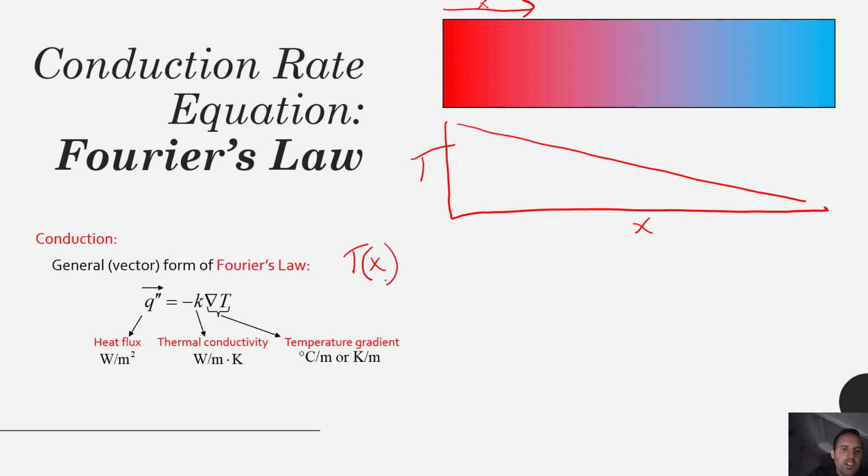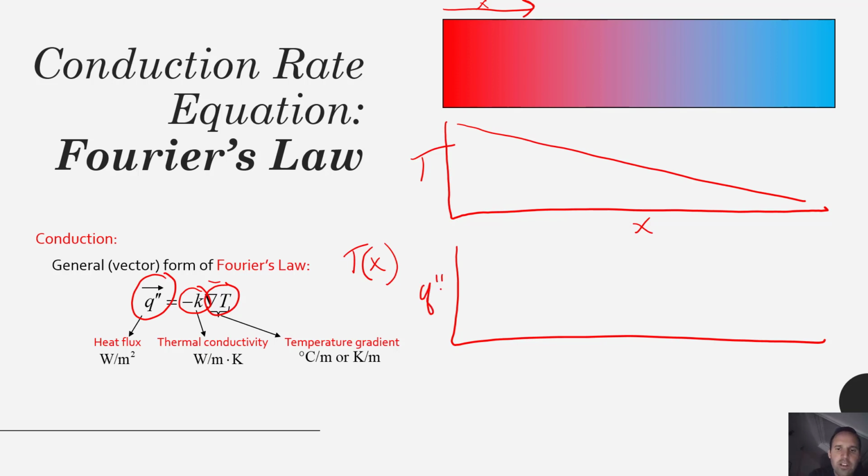If our temperature gradient is negative, our overall rate of heat transfer is going to be positive, because the thermal conductivity is also always positive. Which means if our heat flux is positive, that just means it's going with our coordinate system.